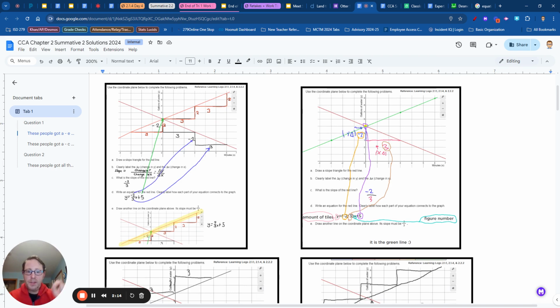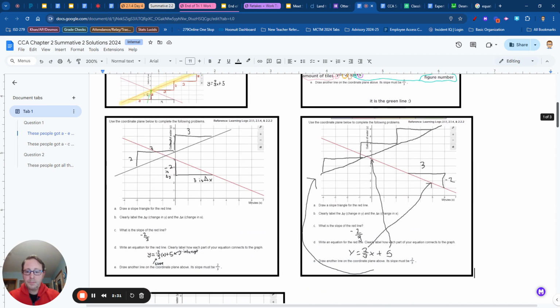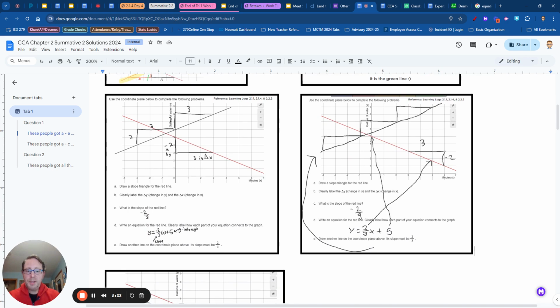And you can see all of these arrows are going to help you out, draw your eyes to what this information means. So if you're thinking, hey, what is a slope triangle? Every single one of these people has a lovely slope triangle on that red line. They all label them in different ways here.